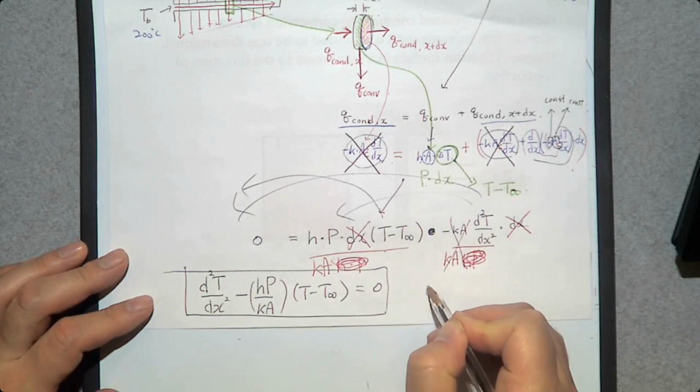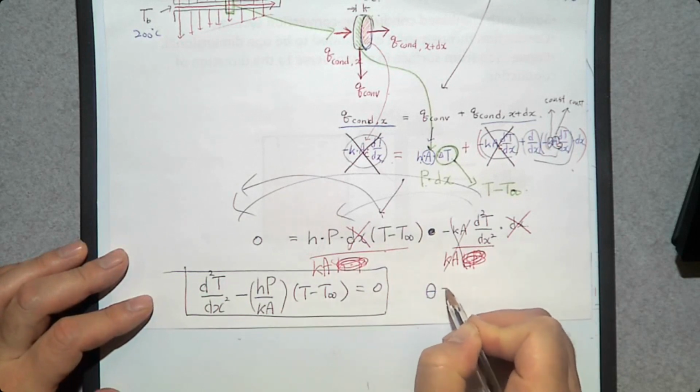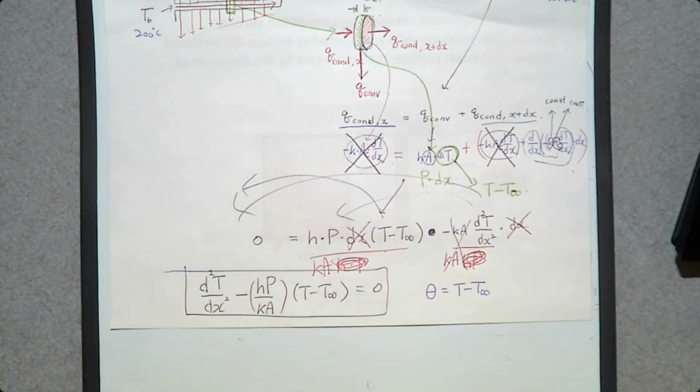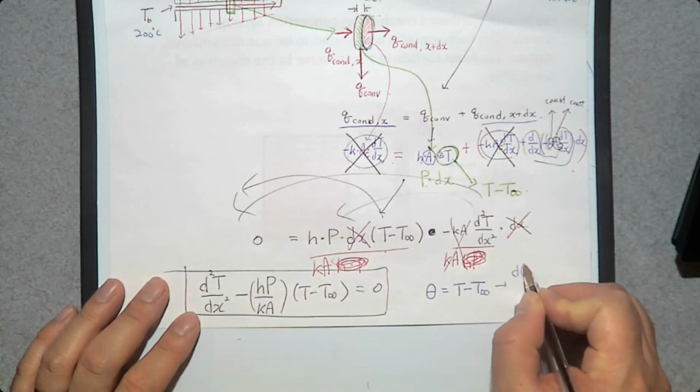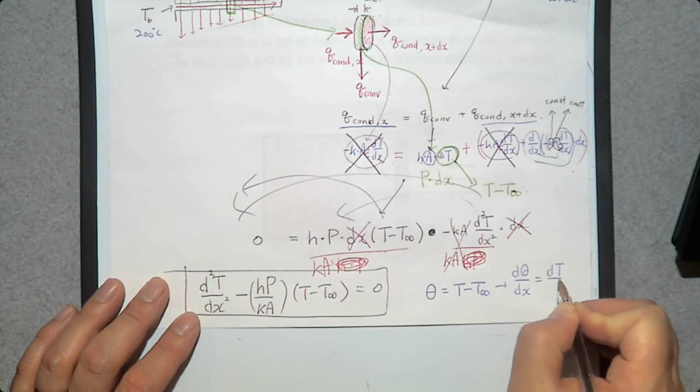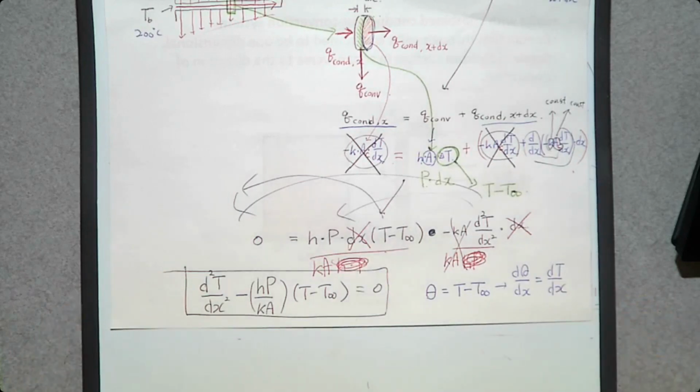We are going to assume theta is T minus T infinity. Then what is the derivative of this theta with respect to x? d theta over dx is going to be dT over dx. What is dT infinity over dx? Nothing, because T infinity is the temperature of the surrounding, so that goes away.